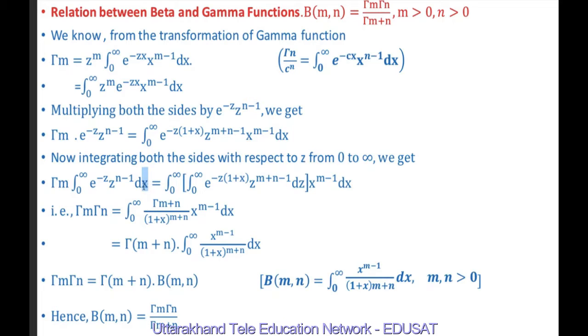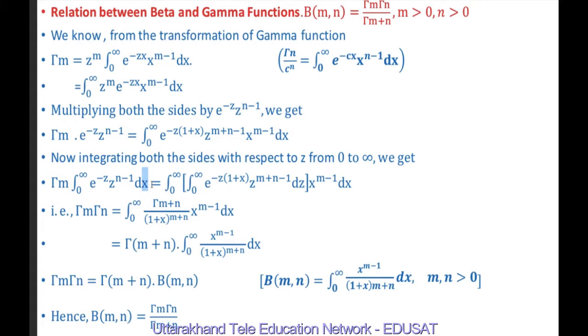So on this side 0 to infinity, then again 0 to infinity, e raised to power minus z into 1 plus x, z raised to power m plus n minus 1 dz. Because we are integrating with respect to z, we may shift these terms outside this integral: x raised to power m minus 1 dx.